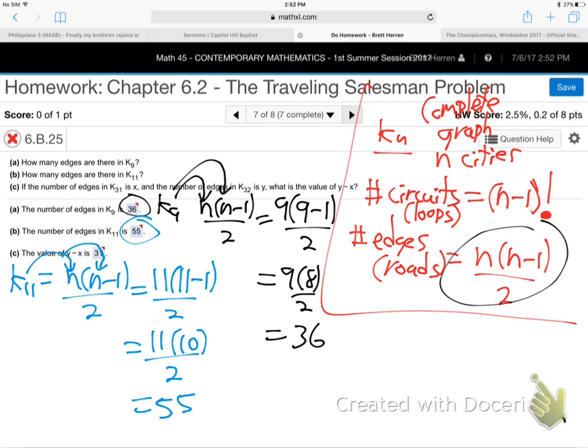Just plug them in. So if you got that formula on your 3x5 card, they ask you, hey, a complete graph with 9 cities, how many roads, how many edges? Just plug into the formula n times n minus 1 over 2. They ask you how many different possible loops are there, hitting all the cities, n minus 1 factorial, right? We went over the factorial button last time.